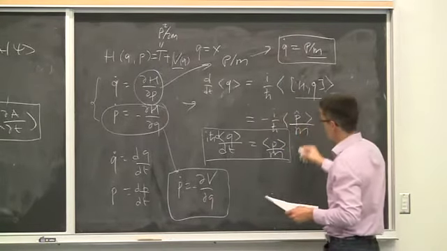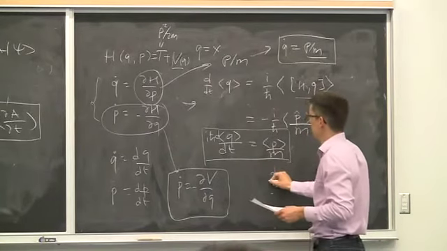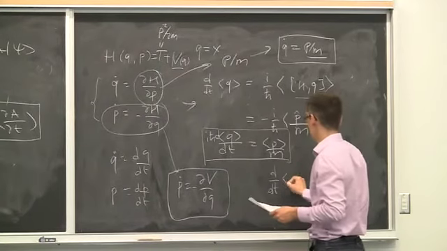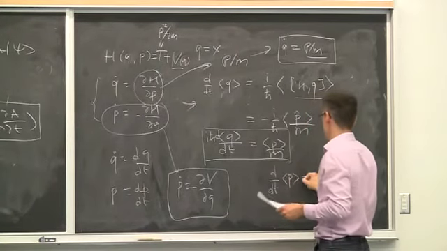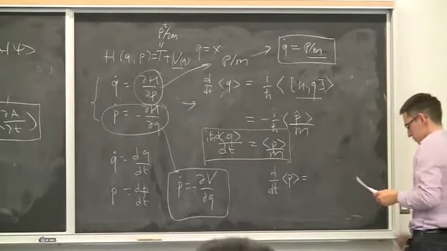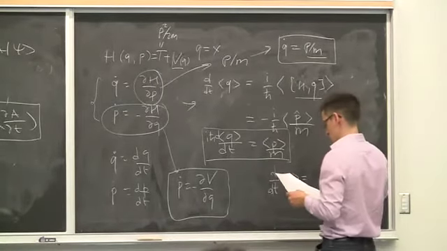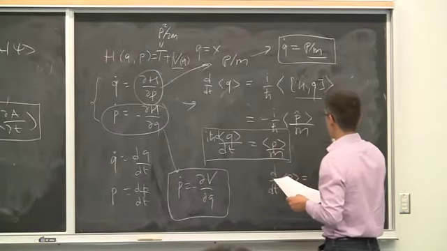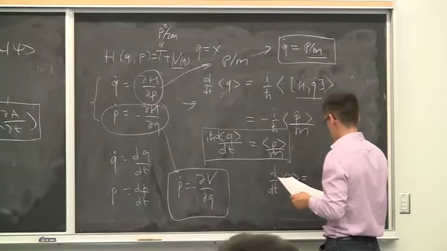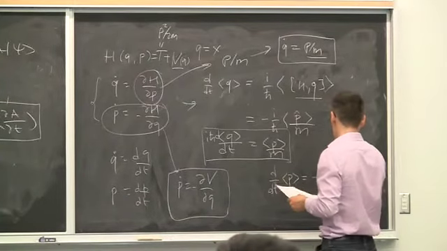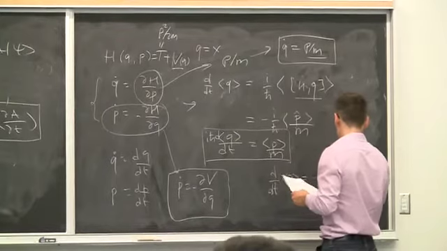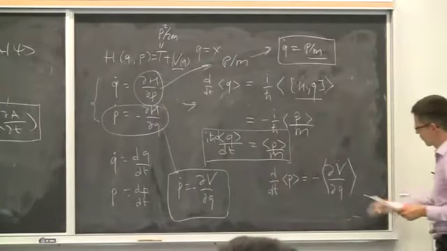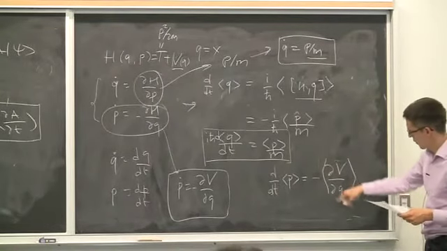Now what do we get in the quantum case? We have d over dt of the p average, and it is equal to the corresponding commutator, which essentially gives you something like dv over dq, but the averages are for this operator.